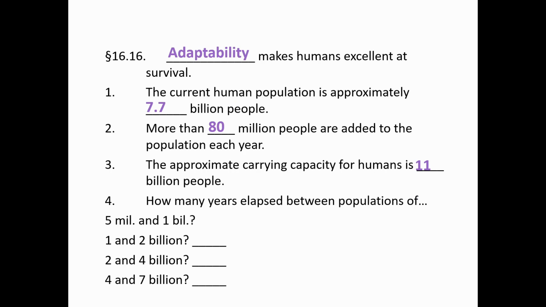If we look at how much time has elapsed between 500 million and a billion, it's been about 10,000 years. Then from 1 billion people to 2 billion people, it was 80 years. 2 to 4 billion was 45, and 4 to 7 billion was 36 years. So going from 7 billion to 11 billion is not going to take very long at all unless we start doing something.